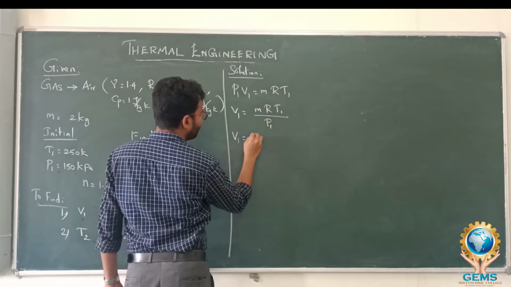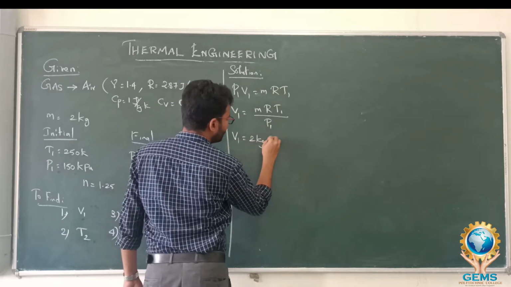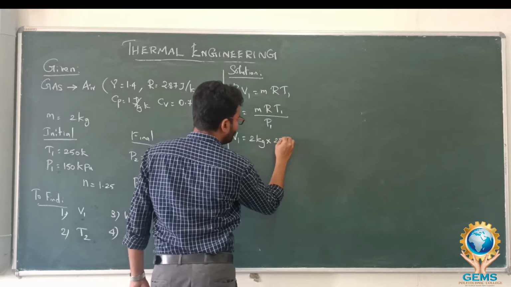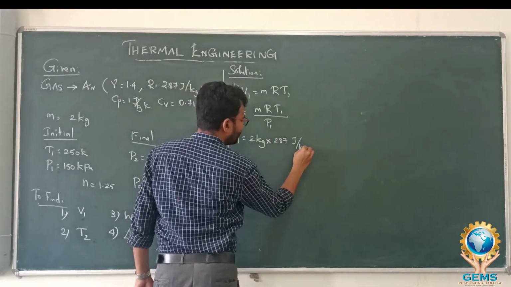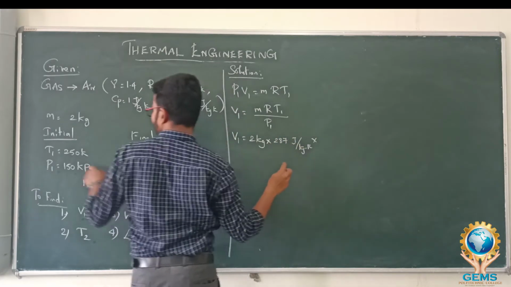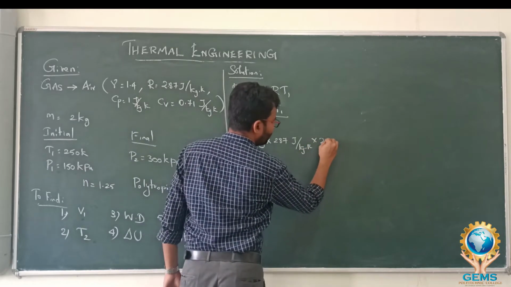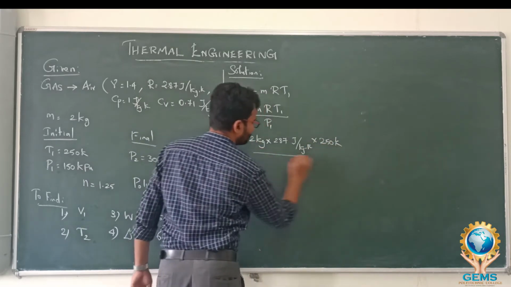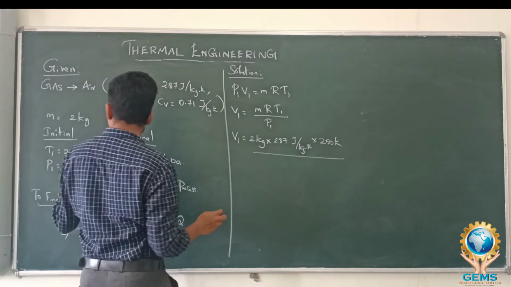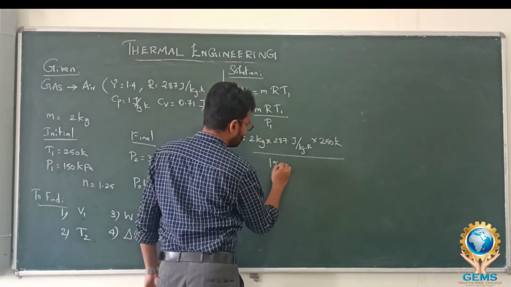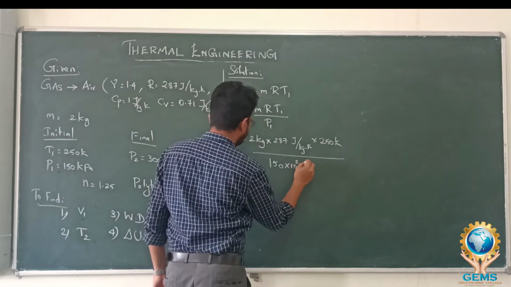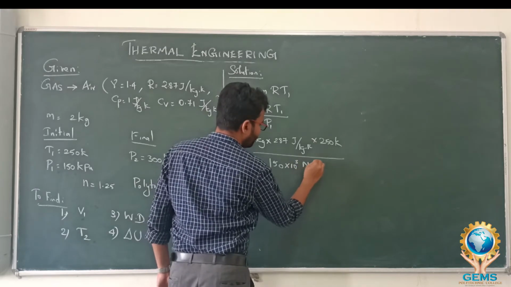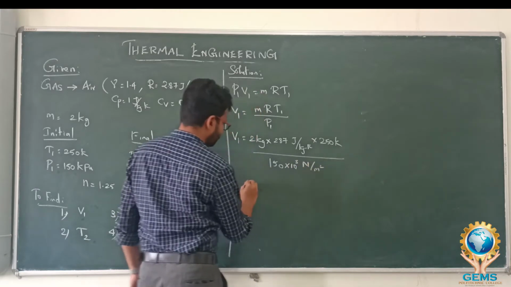V1 is equal to 2 kg into 287 joule per kg Kelvin into 250 Kelvin, divided by P1, that is 150 into 10 power 3 Newton per meter square.